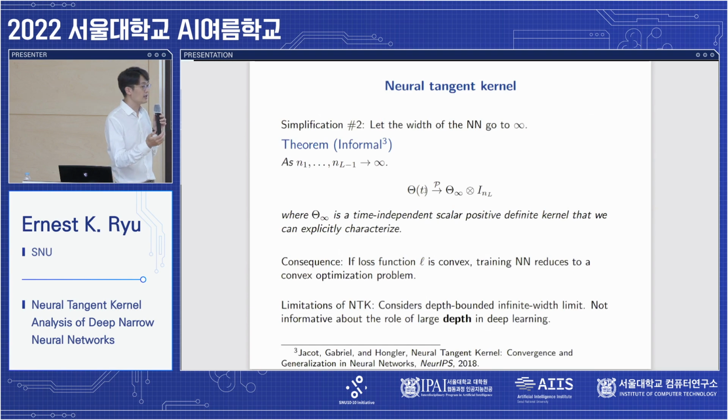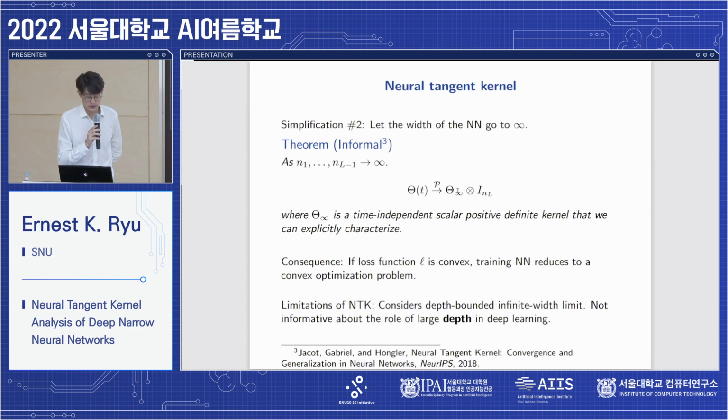And also, we get a nice analytical formula. So for this limit, this theta infinity, we have a very specific understanding of what the limit looks like. So the consequence of this theory is that when we use a convex loss function, training deep neural networks reduces to a convex optimization problem. And this is, in my view, very beautiful. It's a very beautiful line of research, beautiful result.